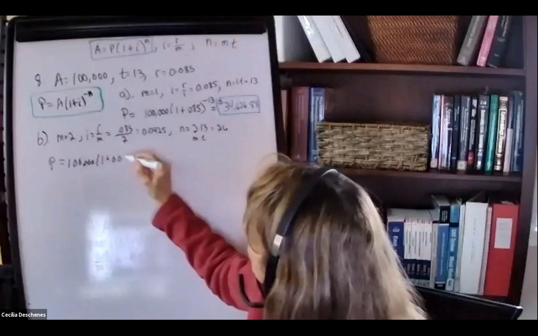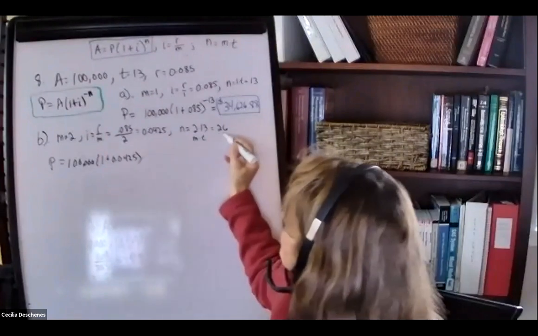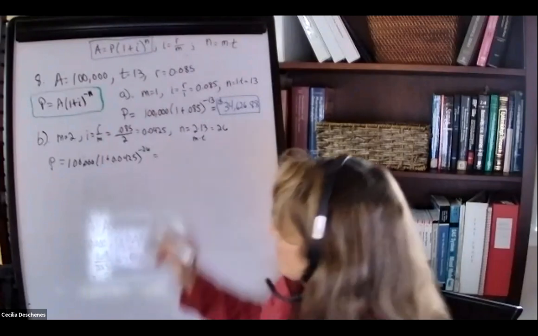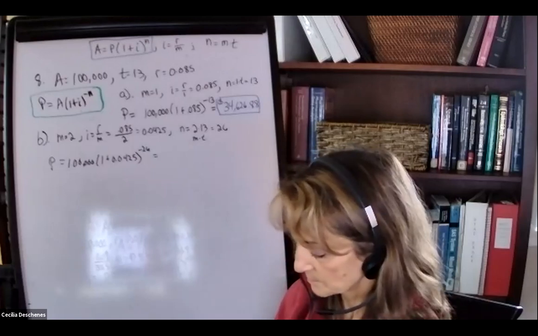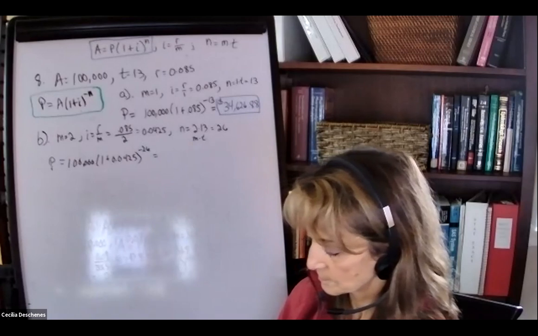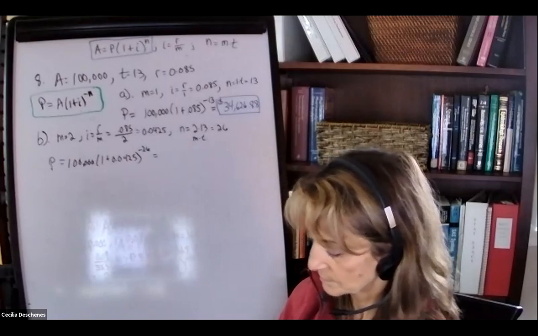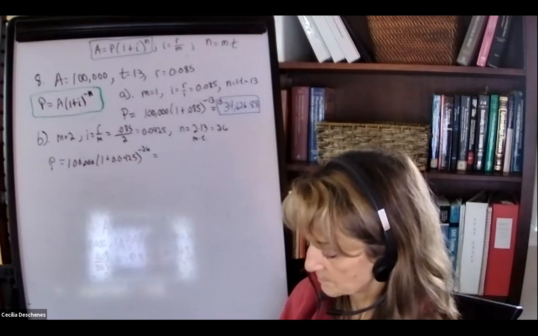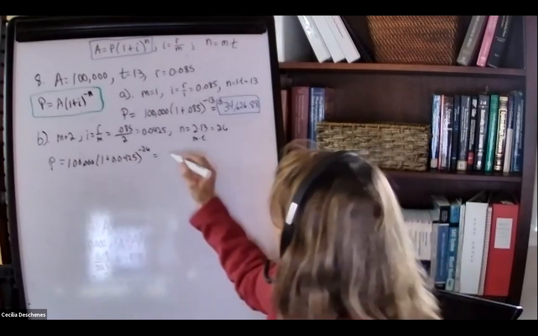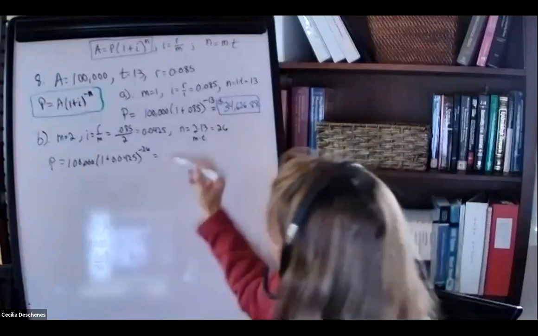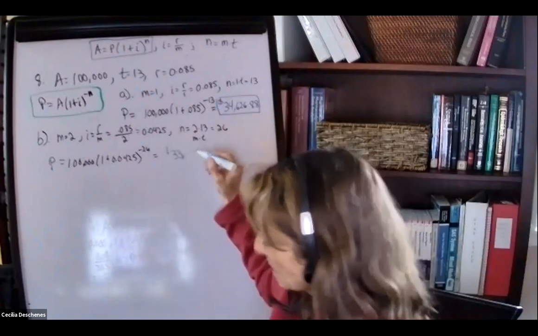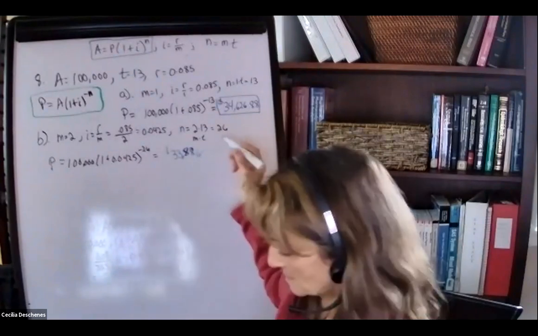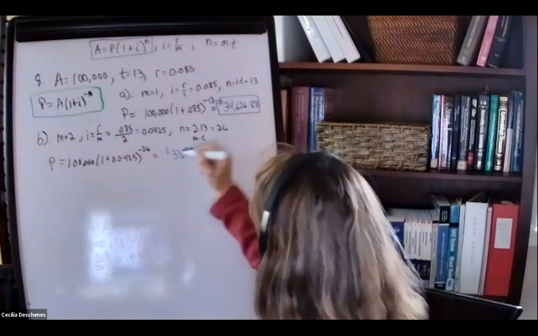So I'm looking here, 1 plus the I, 0.0425, and we're going to be raising that to the negative 26. So I get for that $33,886 and 16 cents.